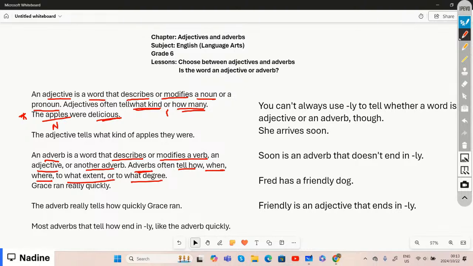All right. And if we look at an example, it says, Grace ran really quickly.